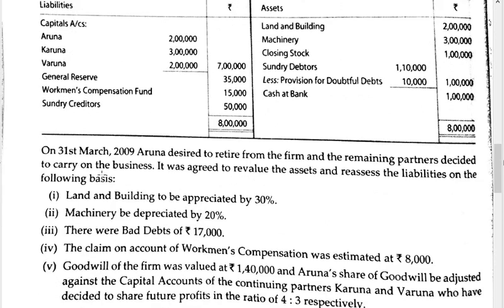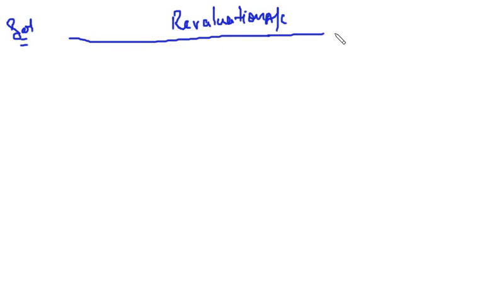Because in the very first we have the revaluation information given. We will prepare the revaluation account. If you are clear with the concepts, then just go by the flow of the question. What is the question saying? Then that will be very easy for you.